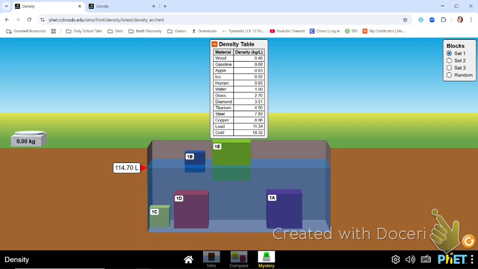There might be some special things like ice and water, but for the most part, solids have higher density because their particles are more closely packed together. Liquids are somewhere in the middle, and then gases are low density because their particles are spread out.